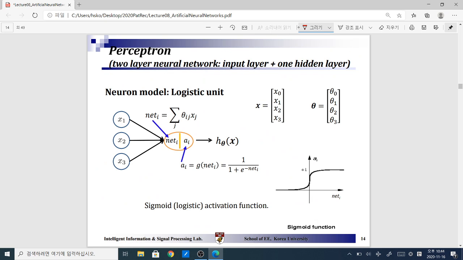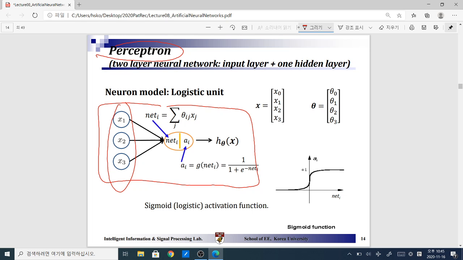Okay, so with all that, let's talk about the structure of the artificial neural net. Not just one particular neuron, but what is the simplest form of artificial neural net? It's called the perceptron. What this perceptron does in terms of structure is exactly this. It has a feature that goes in as an input.